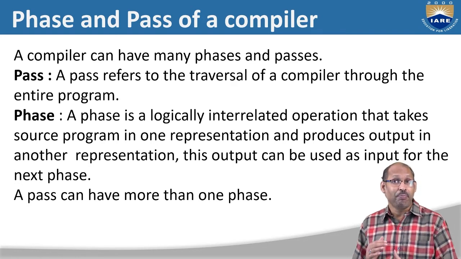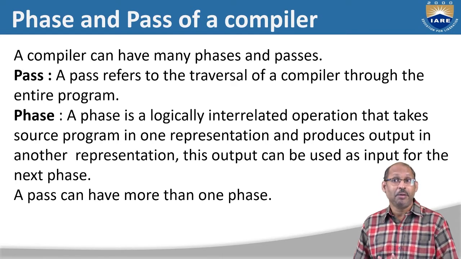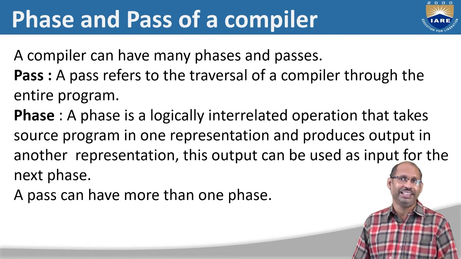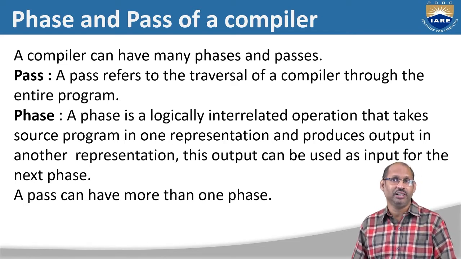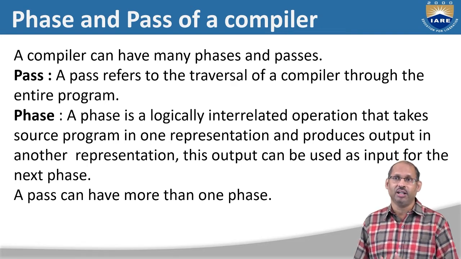Right? A pass is a complete scan of the source program, a complete traversal of the compiler through the entire program. Here, the pass may have one or more phases.